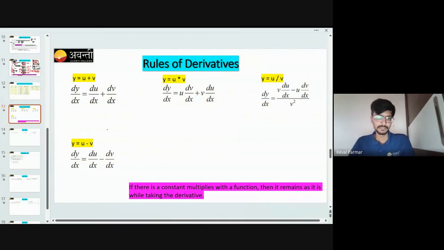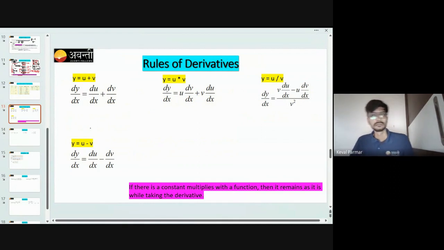Yes, anyone please? If you know these rules, then we just need to revise the rules and move forward. If not, then we'll have to first learn the derivatives part. But I think you all should have known because it already comes in physics at the start.